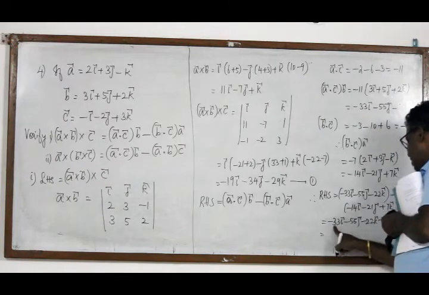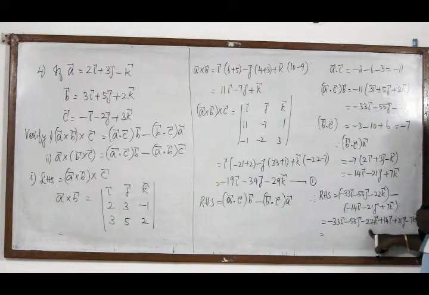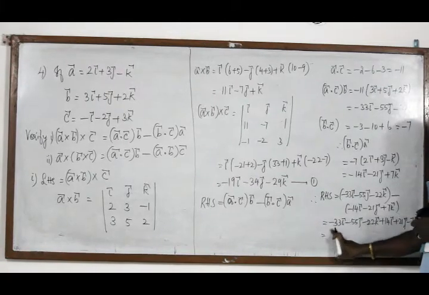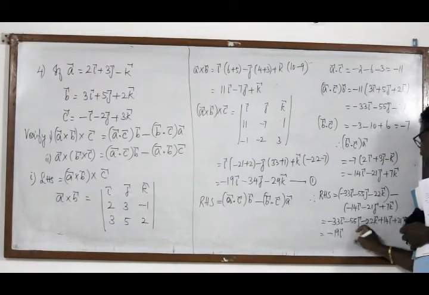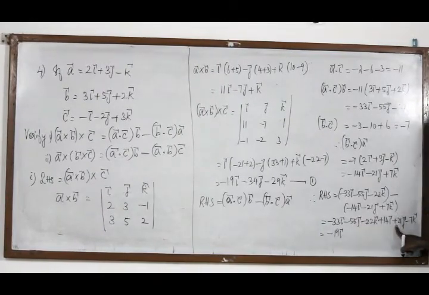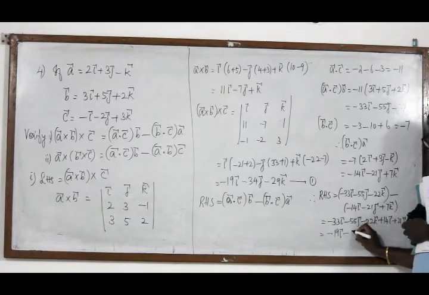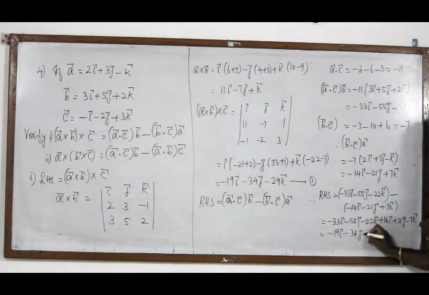When I subtract, minus 33 plus 14 is minus 19i, minus 55 plus 21 is minus 34j, minus 22 minus 7 is minus 29k.